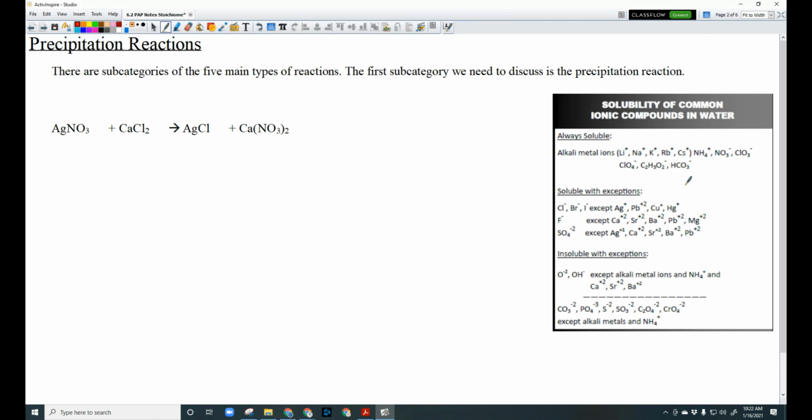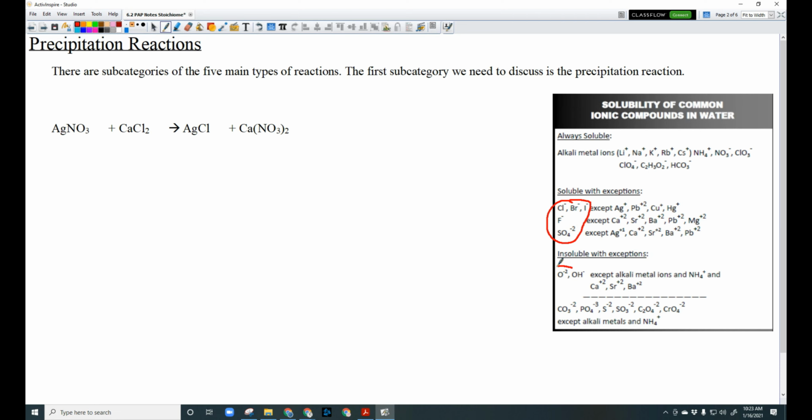Okay, so if it's not there, you're going to look to see if it's soluble here with exceptions. These are soluble unless, for example, chlorine is soluble unless it's bonded to silver, lead, copper, or mercury. Fluorine is soluble except in the case where calcium, strontium, barium, lead, or magnesium is bonded to it. So that's how you use that.